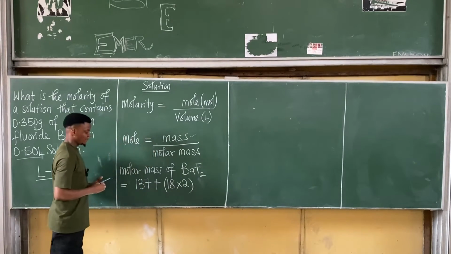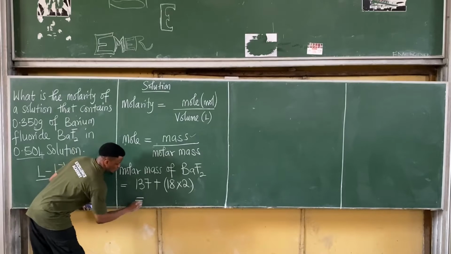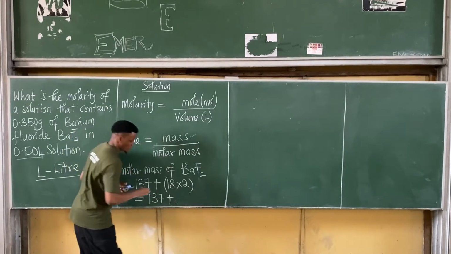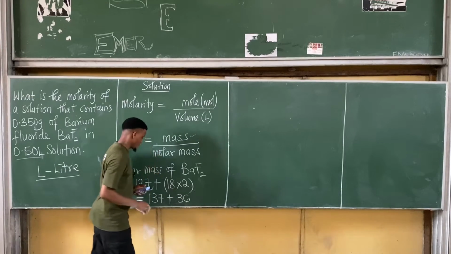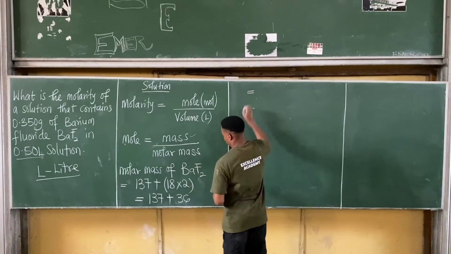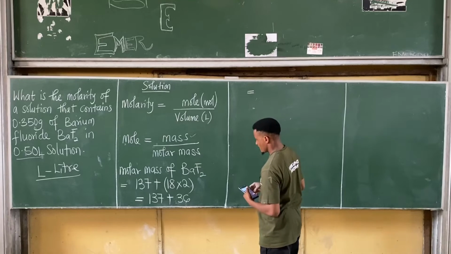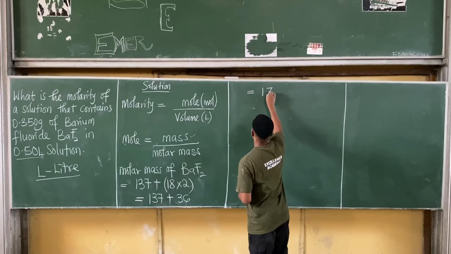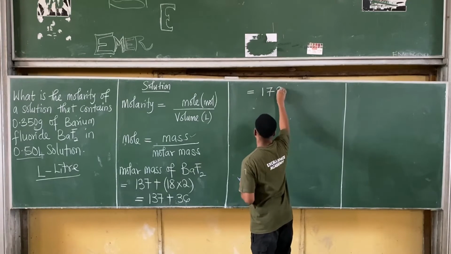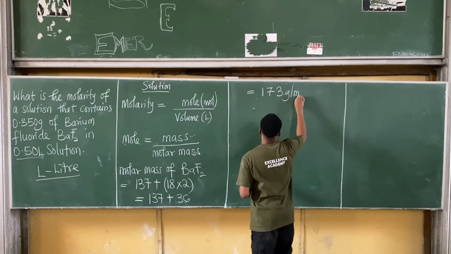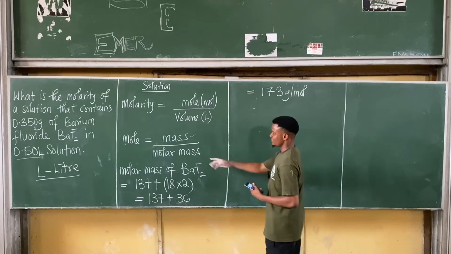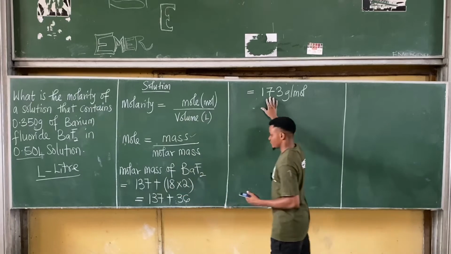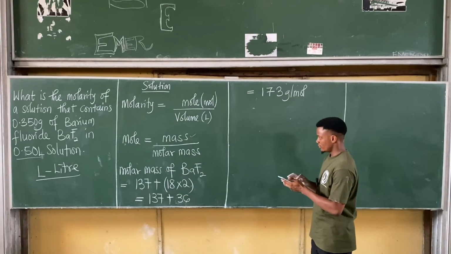If I sum this up, 137 plus 19 times 2, where 19 times 2 gives you 38, this gives 175 gram per mole. So the molar mass of barium fluoride is 175 gram per mole.